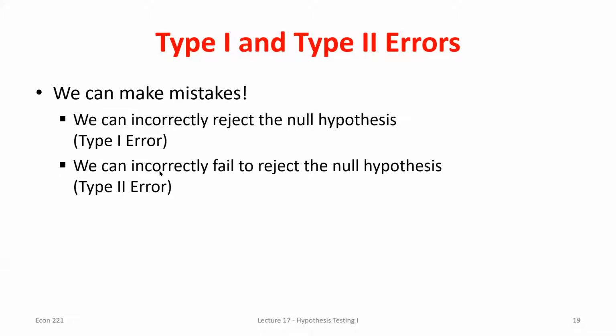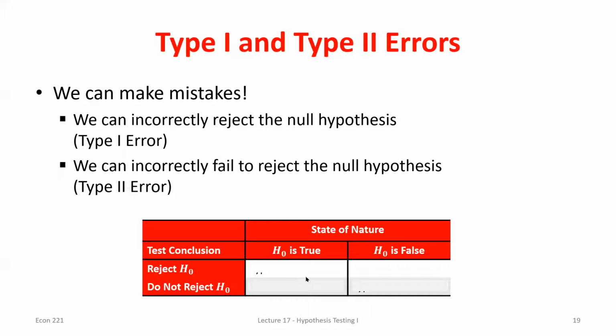Type 2 error is the opposite. I failed to reject the null even though I should have. So my type 1 and type 2 errors are kind of like the opposite of each other. And you can set this up in a matrix. Let's say that the null is in fact true. Well, then I should always be failing to reject it. That's my correct decision.